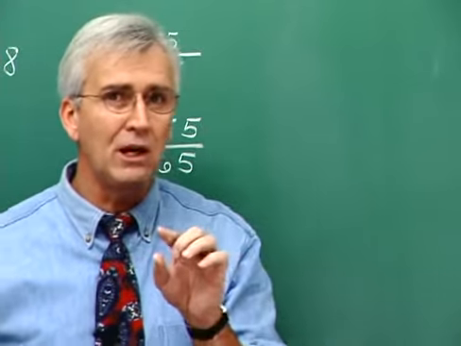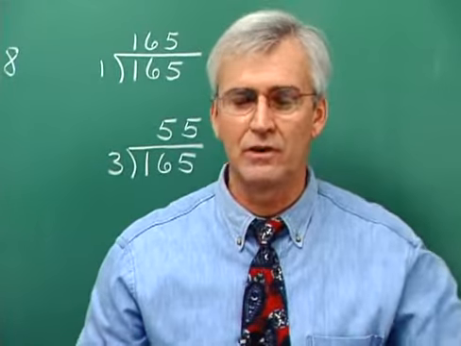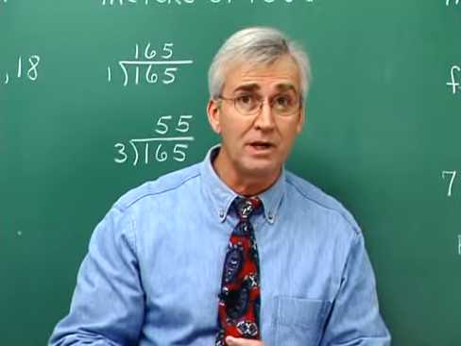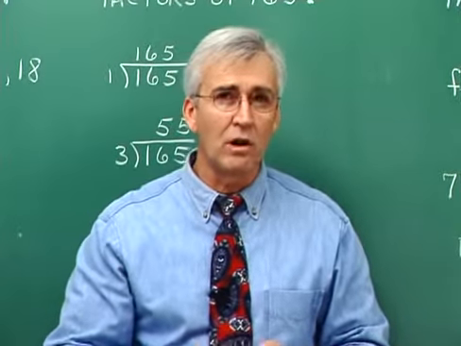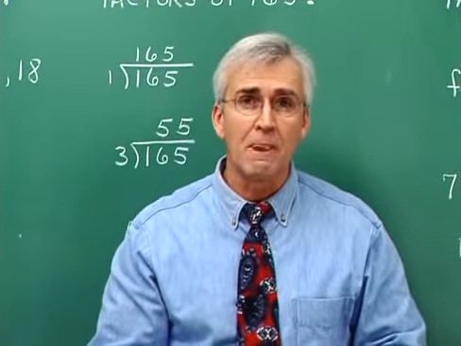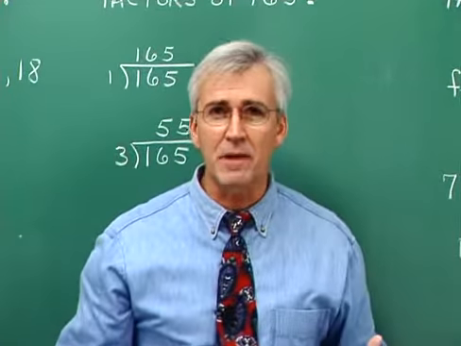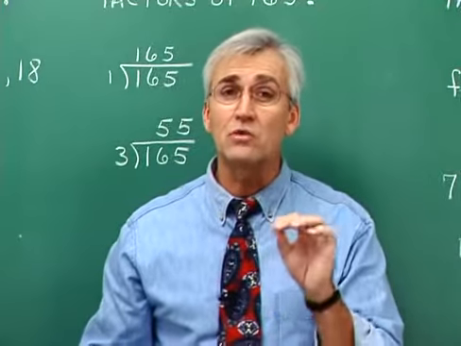We know that 10 times 10 is 100. We may know that 11 times 11 is 121. 12 times 12 is 144. We're getting pretty close. 13 times 13, let's grab the calculator or do it on a little sheet of paper. We find out that it's 169.